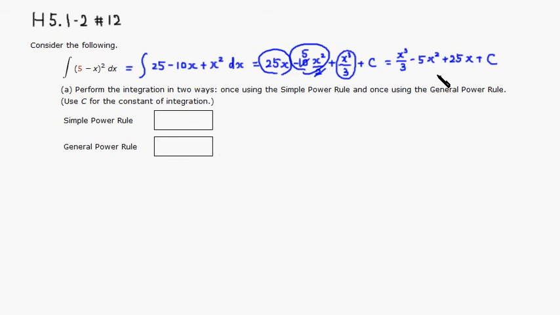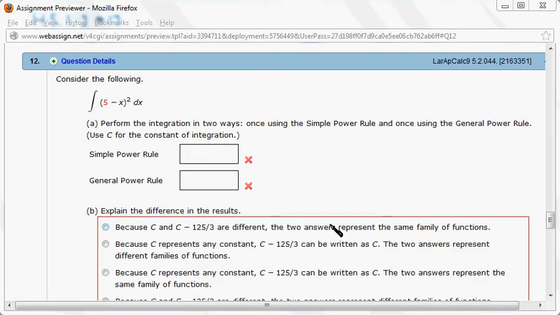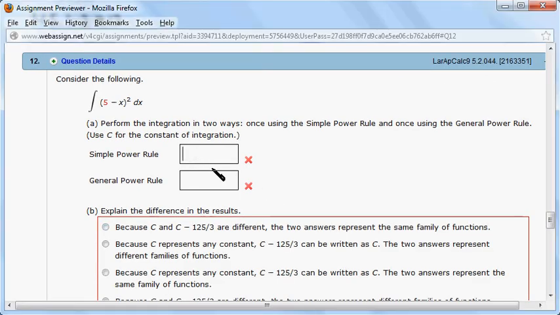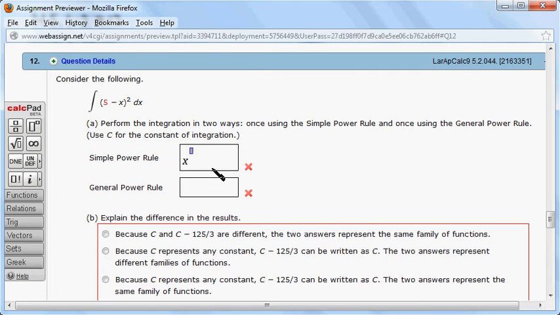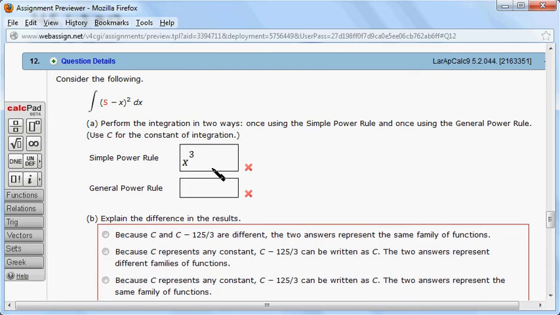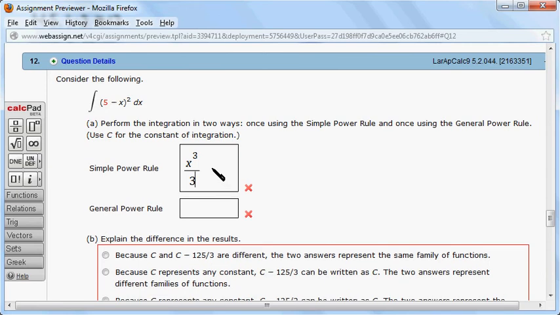So let's type that in. It was x cubed over 3 minus 5x squared plus 25x plus some constant. Alright, so we have that.